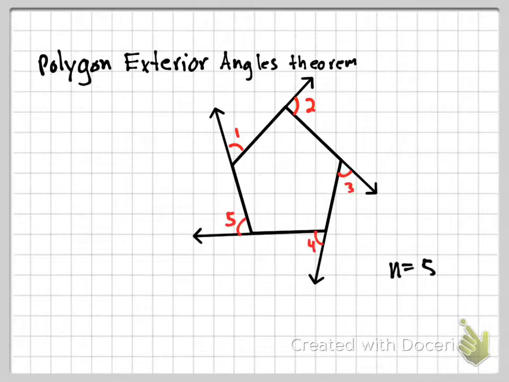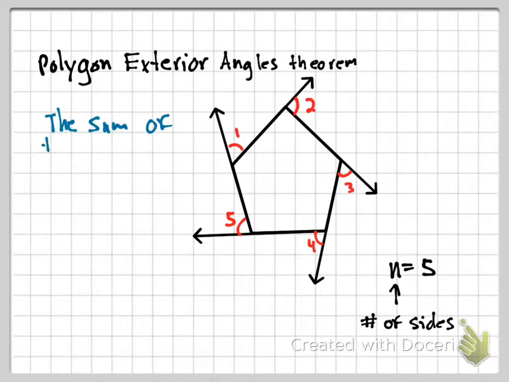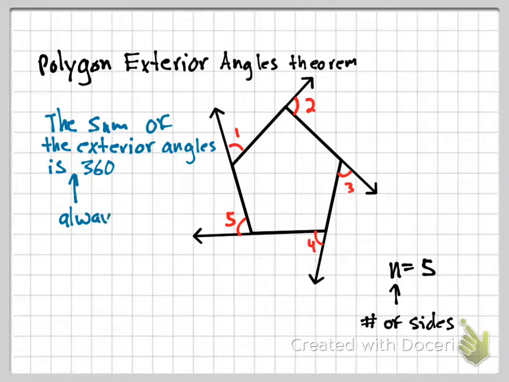In this case, I have 5 angles and I have 5 sides. So the sum of the exterior angles is always equal to 360, no matter how many sides or angles you have.